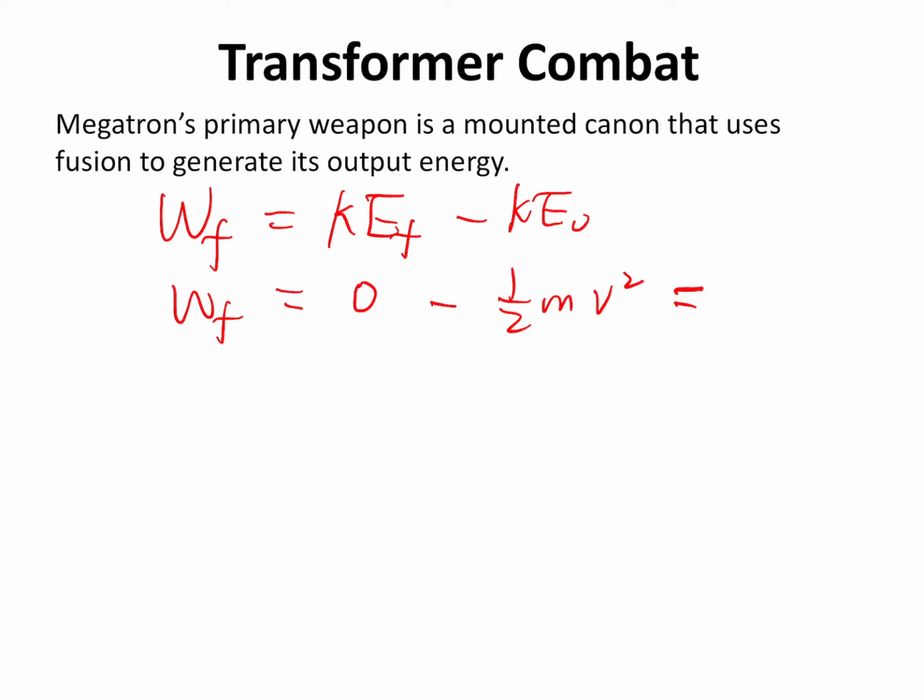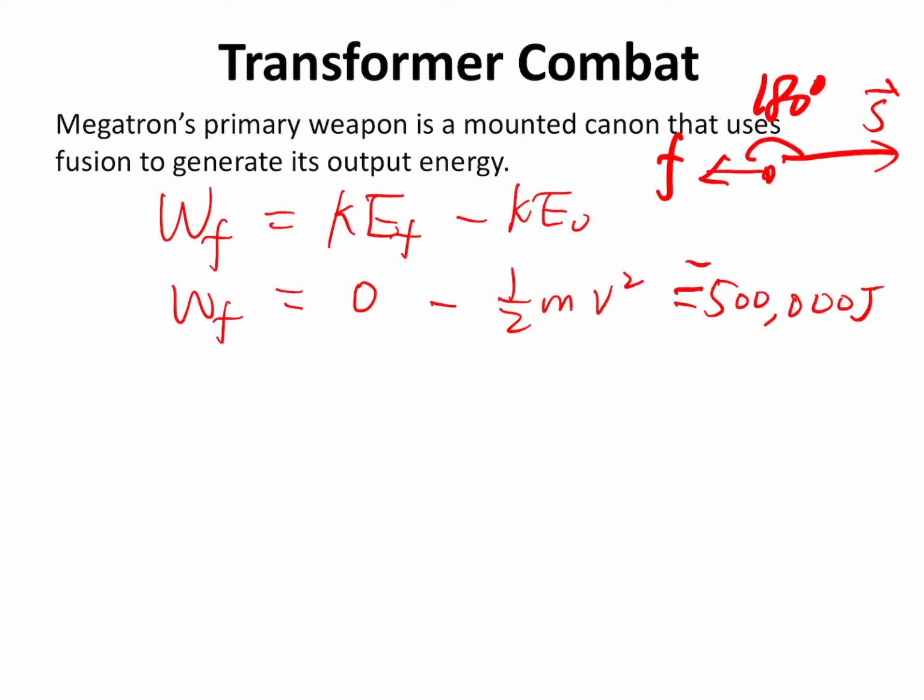So the work done by friction is negative 500,000 joules. Now, why is the work done by friction negative? It's easy to understand because displacement is in one direction, friction is in the other direction, so the angle between them is 180 degrees. Cosine 180 degrees gives you negative. Okay. This is part A.